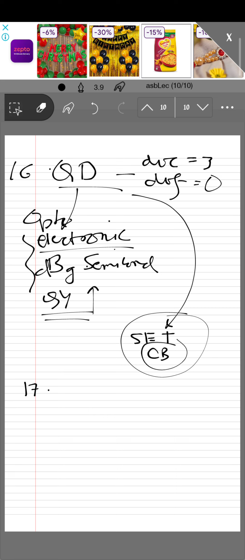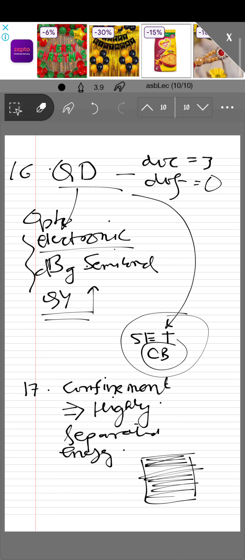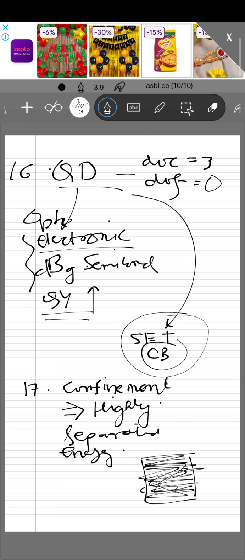By confinement we mean that it has energy states that are separated enough. So the confinement indicates highly separated energy states, confined states which are highly separated from each other.